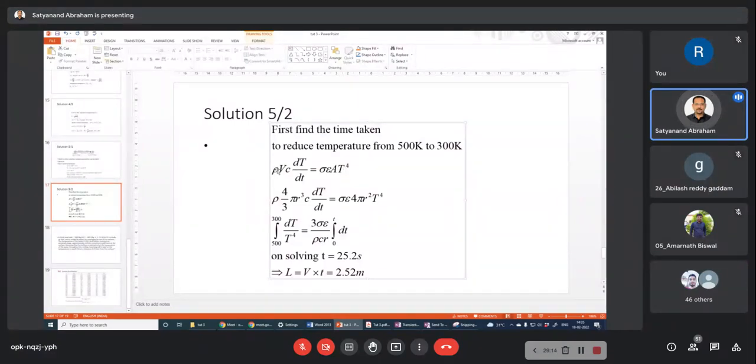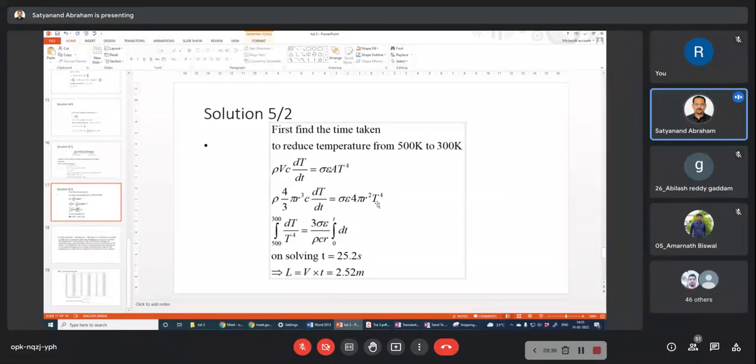Density we know, the volume we know because the diameter is given, the heat capacity is given. So dT by dt is equal to sigma epsilon into surface area, which we know, and T raised to 4. T is varying with time, so that's what we need to find. Here it is simple integration.